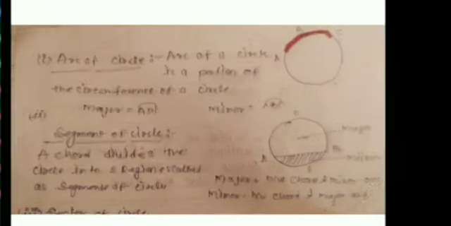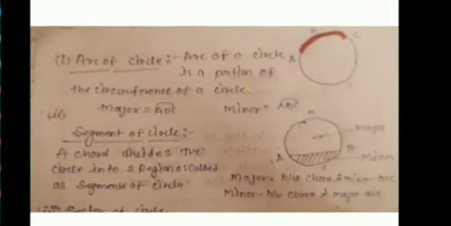Now our next point is the arc of a circle. This is the circle. An arc of a circle is a portion of the circumference of a circle. Here you can see this is a small portion of the circle.